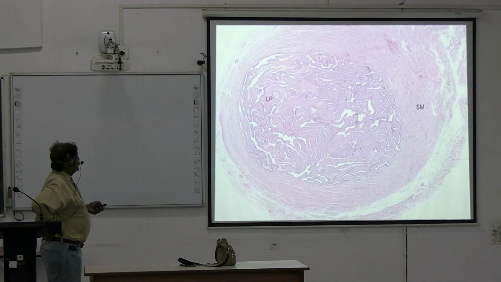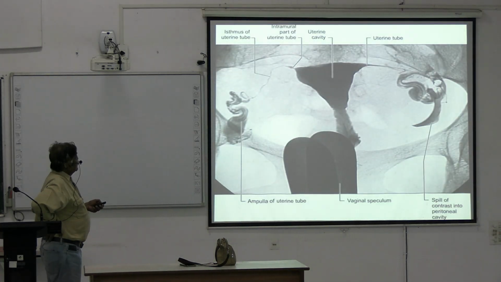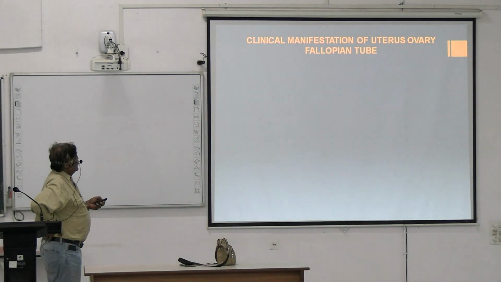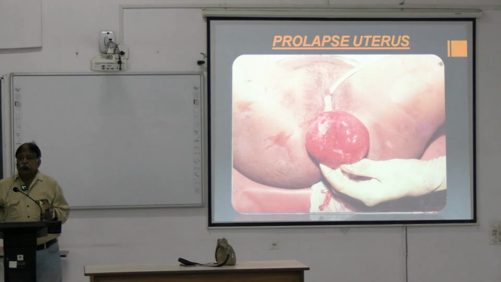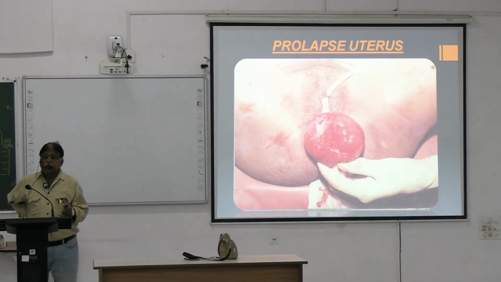The histology of the ovary. Now, this is the hysterosalpingography picture of the uterus and the fallopian tubes. Now, clinical manifestations of the uterus, ovary, fallopian tube. Now, prolapse of the uterus. This is the prolapse of the uterus.